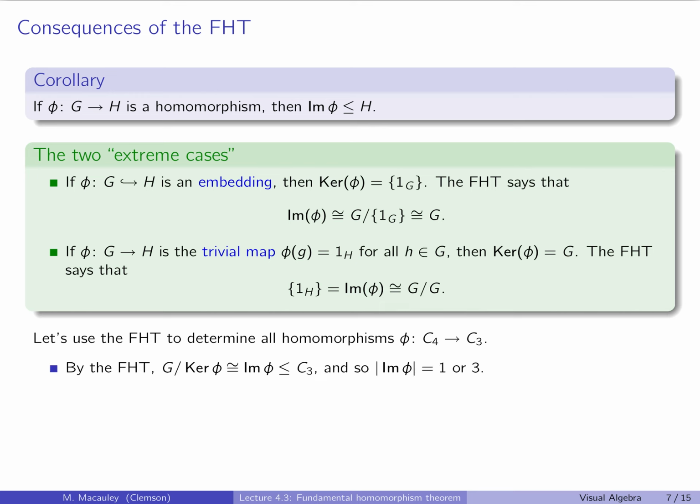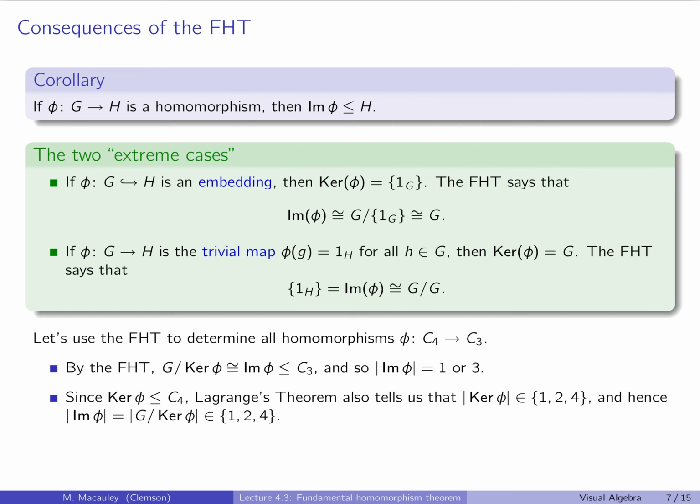By the fundamental homomorphism theorem, G mod the kernel is isomorphic to the image, which is a subgroup of C₃, which means that the image must have size 1 or 3. However, the kernel is also a subgroup of C₄, so by Lagrange's theorem, its order must be 1, 2, or 4.